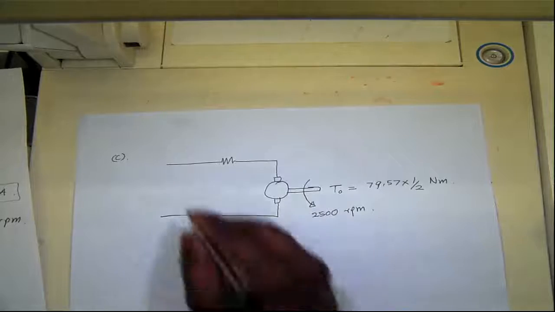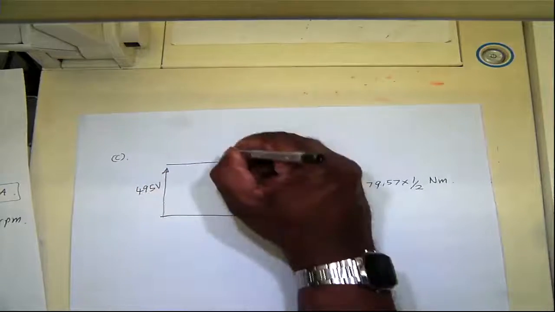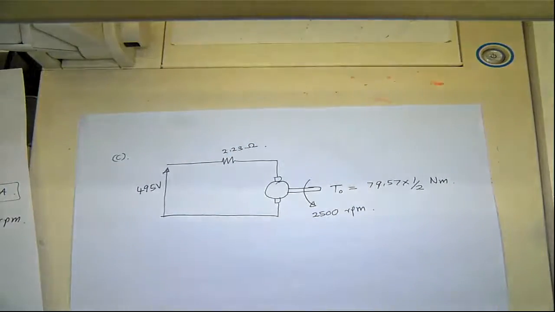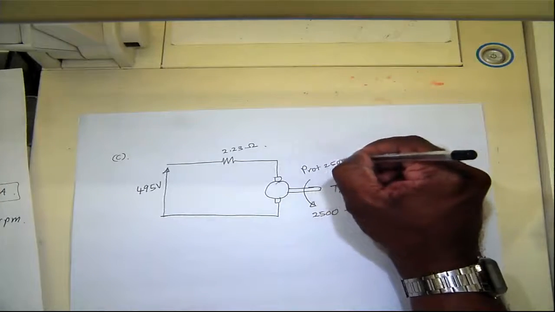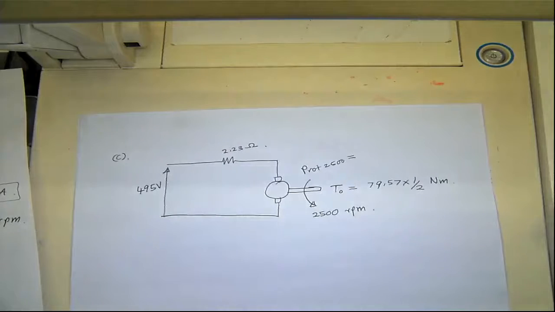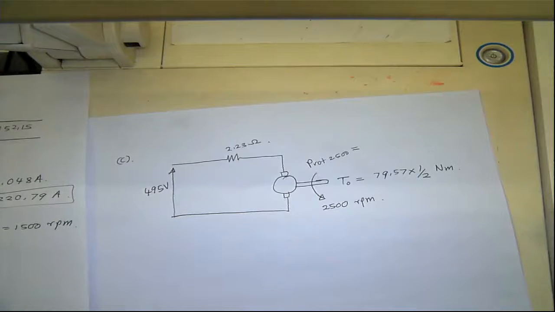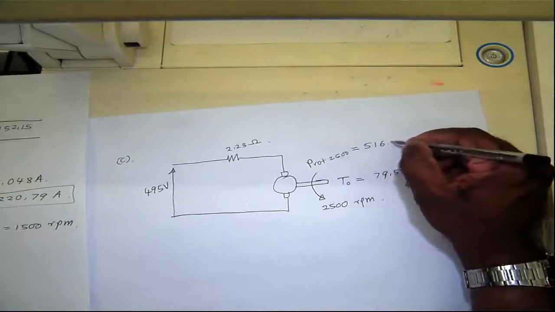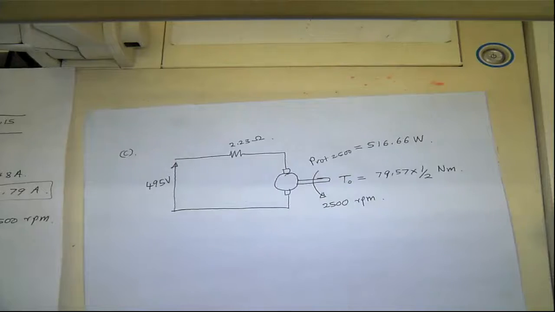This is being fed by 495 volts, and this is 2.23 ohm. The rotational losses at 2,500 remain the same as before. It doesn't change with speed, so we can find that from the previous calculation. That's 516.66 watt.